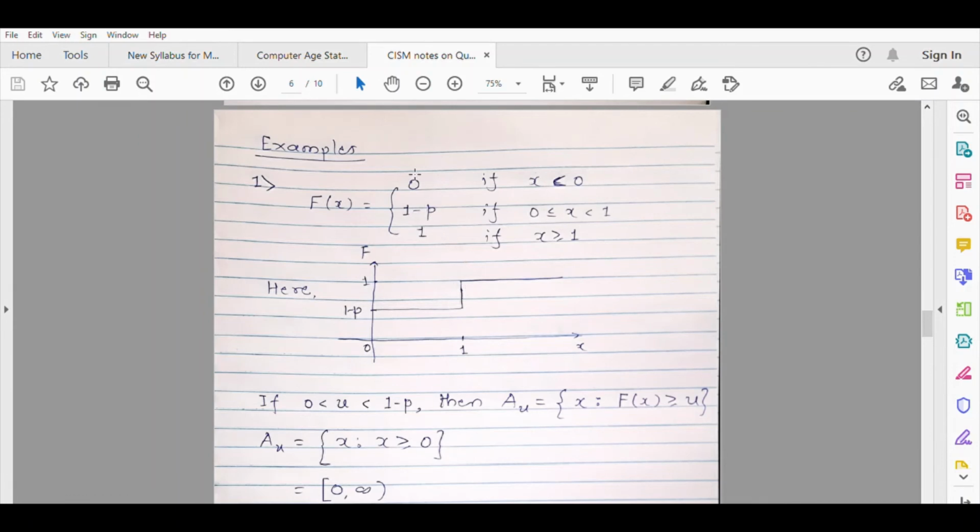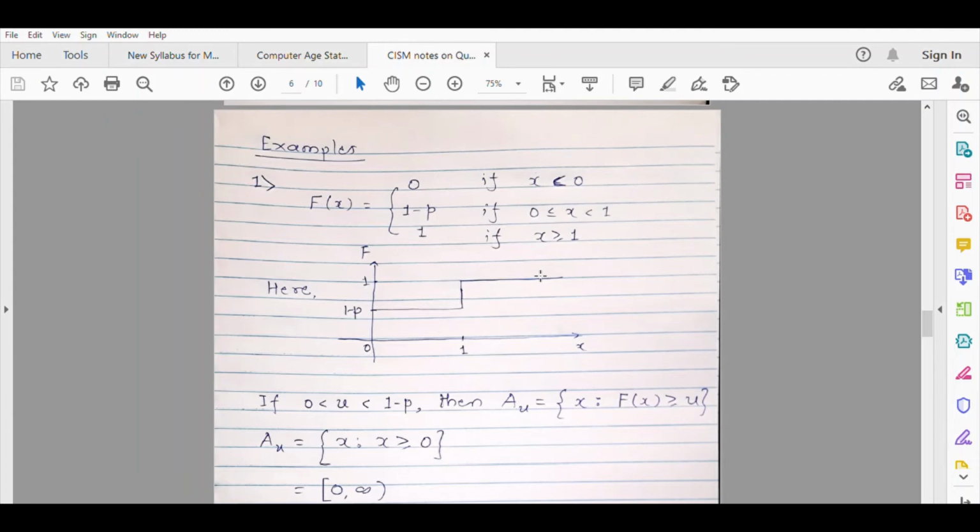Notice that F takes only 3 distinct values, which in short means it's a step function. It is 0 till point 0, then it jumps to 1 minus p and remains there till x reaches point 1, and then at point 1 it jumps to the value 1. So this is how the step function works.